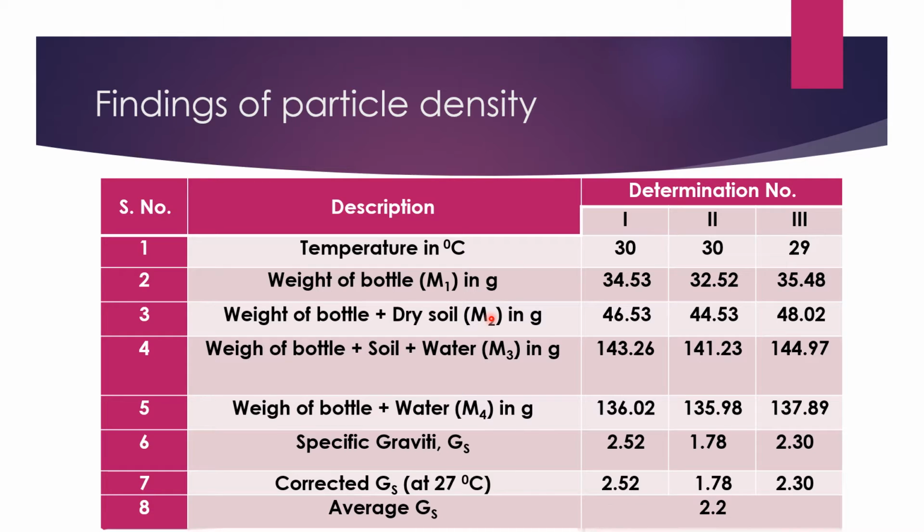This is the expected data for the particle density test. The expected data shows that for experiment 1, the specific gravity of the sample is 2.52, experiment 2 is 1.78, and experiment 3 is 2.3. So the average of the 3 experiments is 2.2.